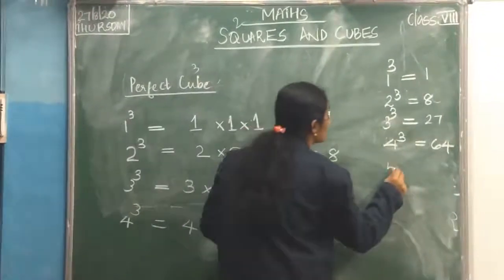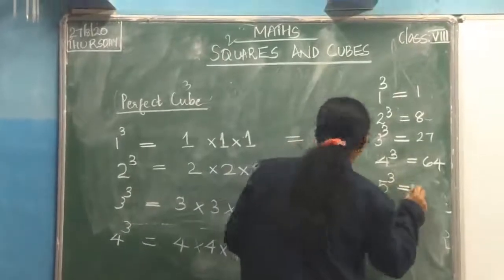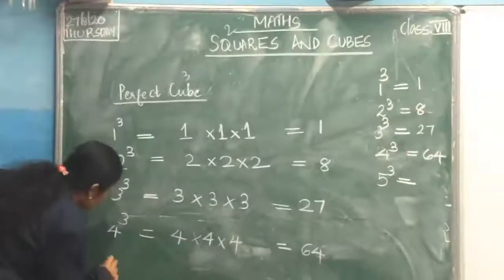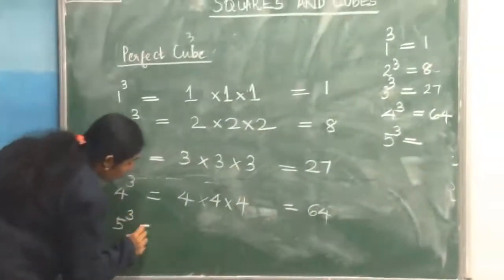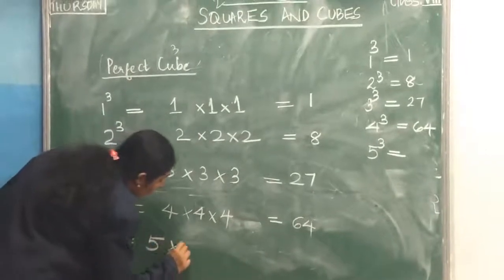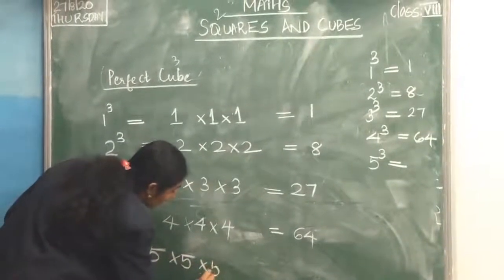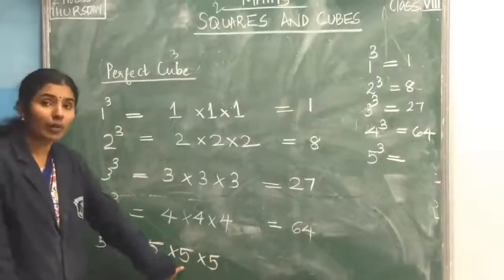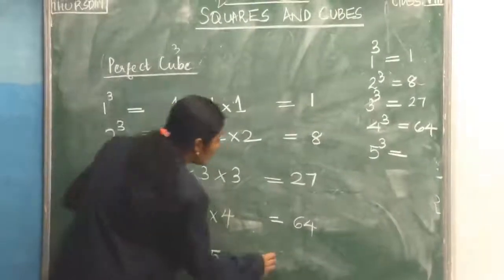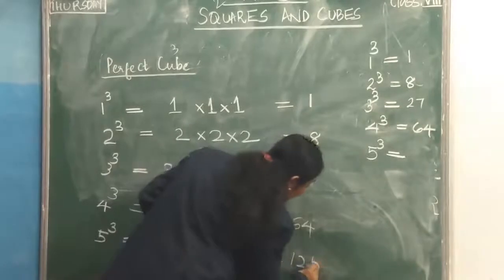Next you need 5 cube. 5 cube is 5 multiplied 3 times. 5 fives are 25, 25 fives are 125.